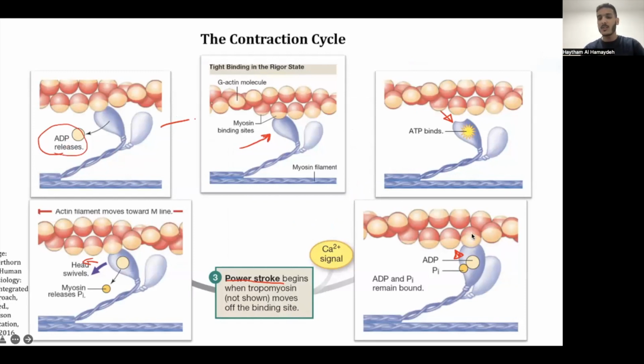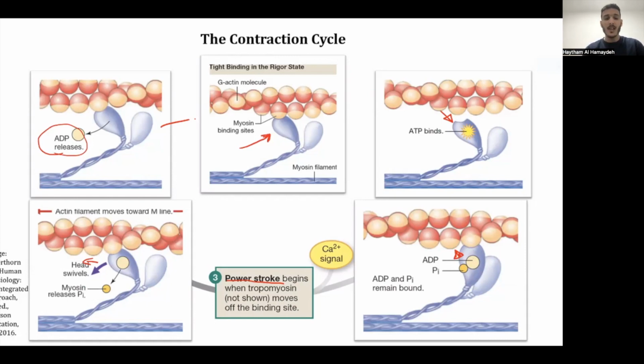So when myosin binds to actin, we know that ATP is hydrolyzed already to ADP and Pi. So let's imagine the process starts with myosin bound to actin with ADP and Pi bound to the myosin head as shown here.